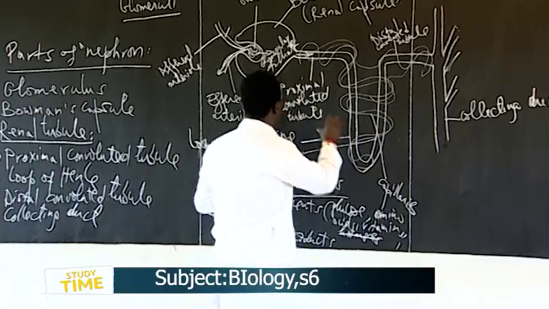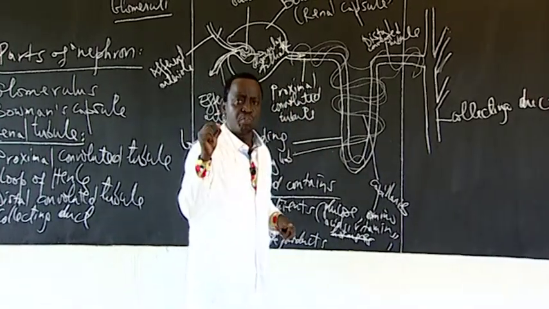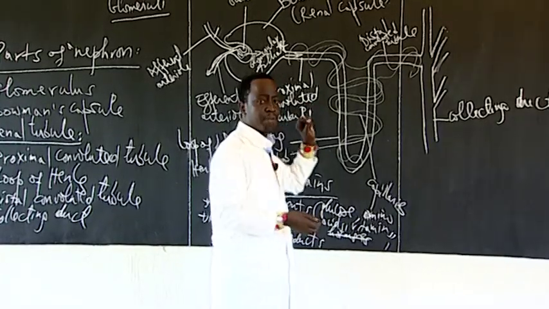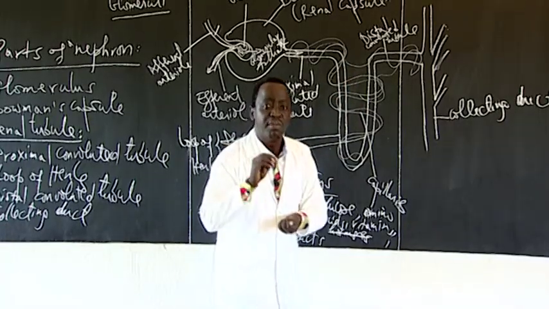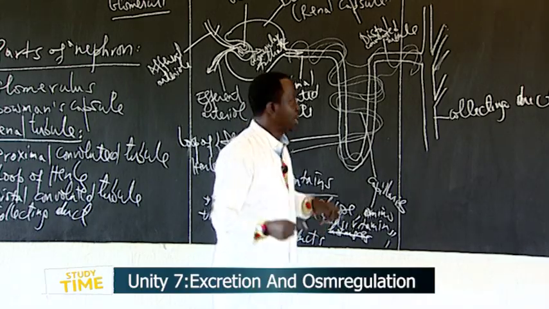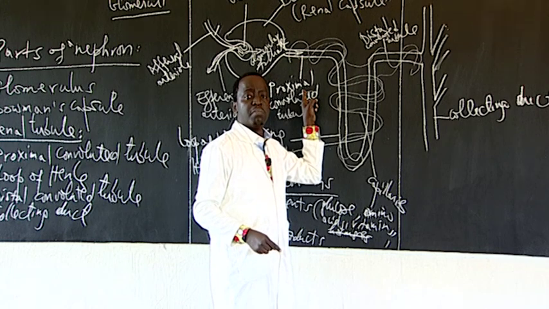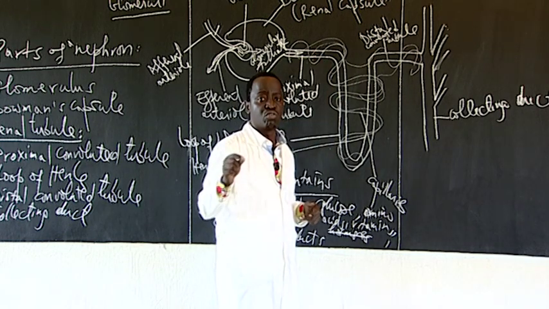So now, you can ask yourself, why is it at the proximal convoluted tubule that most of the reabsorption takes place? This is surrounded by capillaries, as I have said, to transport what? The material that is now being reabsorbed. Are you getting the point? It also contains what? It also contains mitochondria to provide energy so that molecules that are here are able to do what?